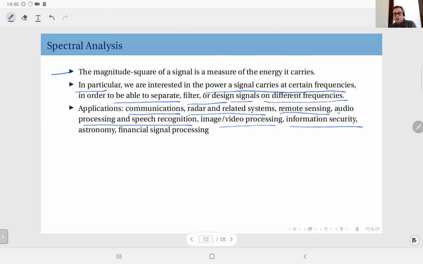And information security. For instance, you would like to detect abnormal behavior in the packets coming into your system, your servers, etc. Maybe someone is trying to penetrate your defenses. Maybe there is a denial of service attack going on, but it's a little bit stealthy.